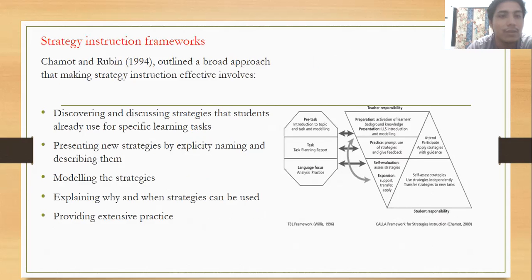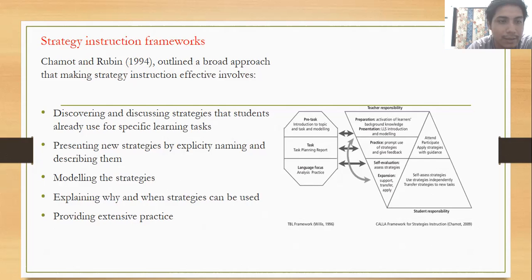Here, strategy instruction frameworks. Well, as I mentioned, the two authors, Chamot and Rubin in 1994, outlined a broad approach that making strategy instruction effective involves all of these points of view. This framework was made up due to the critiques that we saw before.